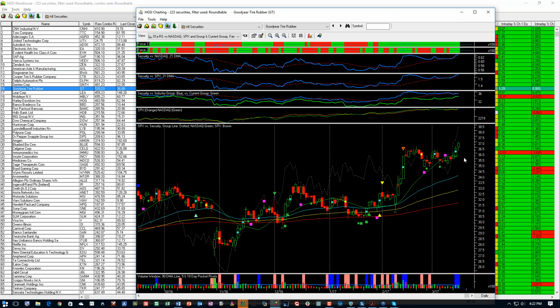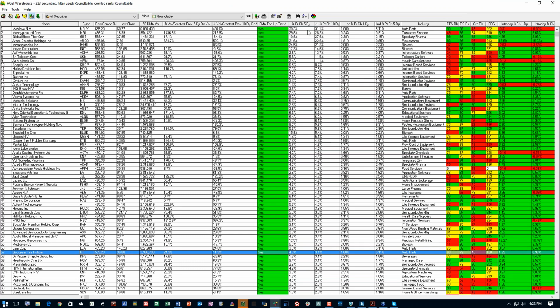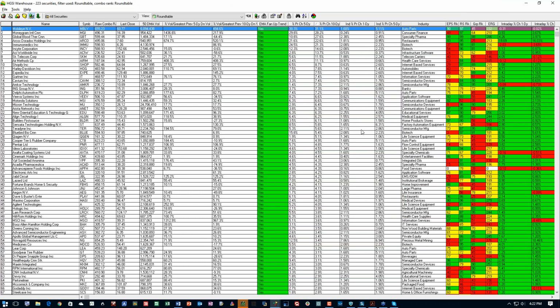Okay, now something else I want to mention. George reminded me today. Some of you were wondering about the warehouse columns that we have here. Well, you can put any one of these warehouse columns in a chart.